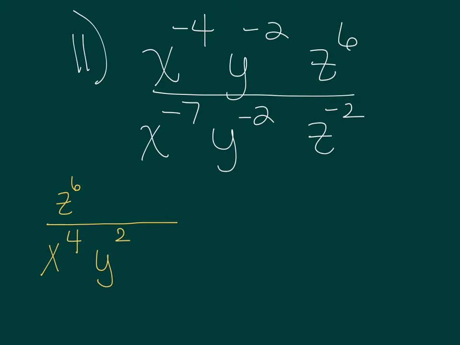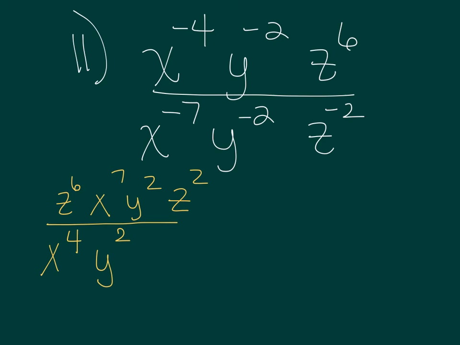Now go to the bottom. X to the negative seventh has to go to the top, so it's positive. Y to the negative second on the bottom has to go to the top, so it's positive. Z to the negative second has to go to the top because it was negative and needs to become positive.